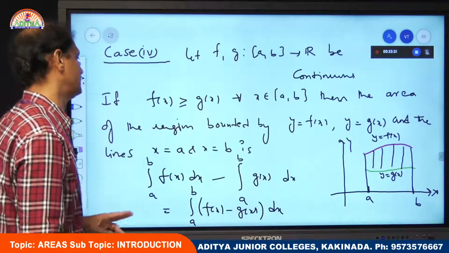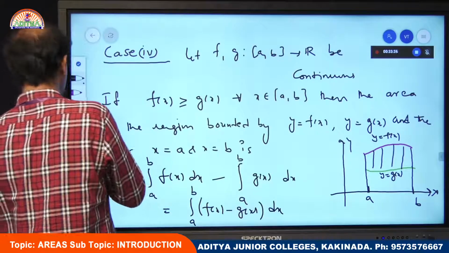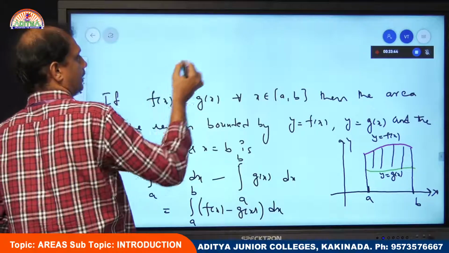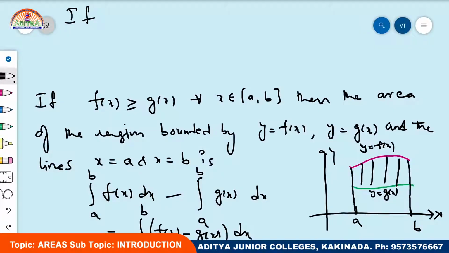Suppose they mention f of x is less than or equal to g of x. In that case, how can we calculate it? Here I am considering the case if g of x is greater than or equal to f of x for all x belongs to closed interval a comma b. In this case, what is the area?